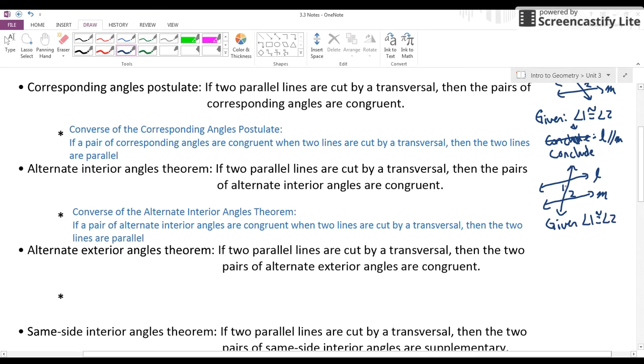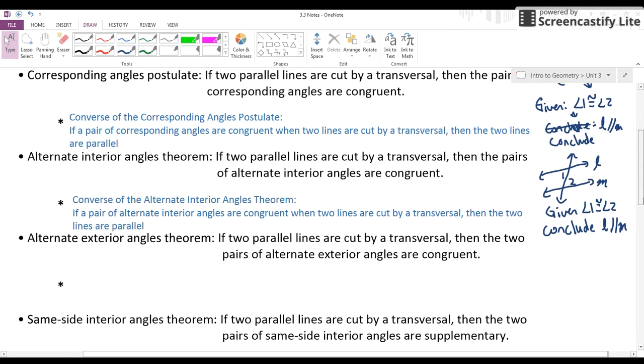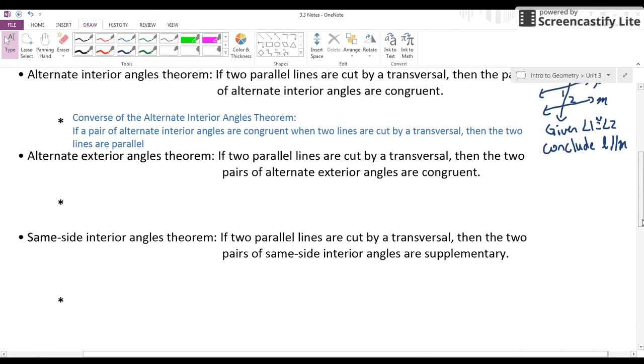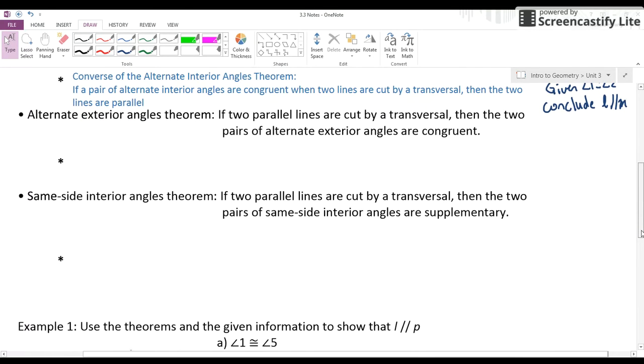Since they're in the alternate interior angles position, that's the relationship, we can conclude, I really can't write this word today, we can conclude that L is parallel to M, okay? So this is basically the theme of today's notes. So let's go ahead and look at the alternate exterior angles theorem and its converse, and the same side interior angles and its converse, and then we'll look at a couple examples.